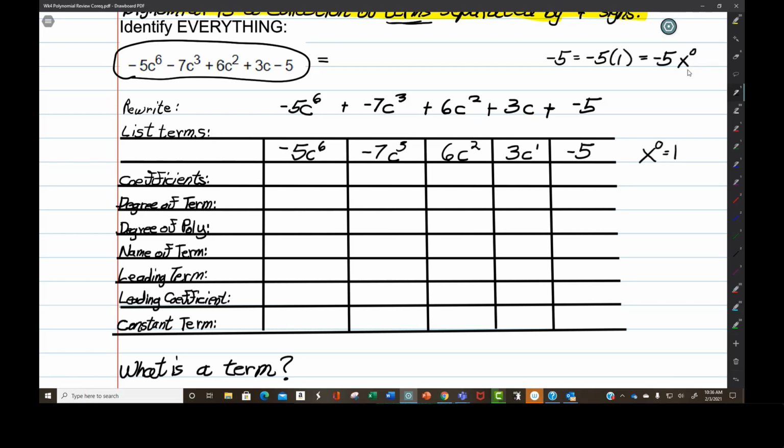We don't write it out, but I am going to write it out here, except here it'll be c, of course, because the variable we're using is c. This is going to be negative 5 times c to the 0 power.